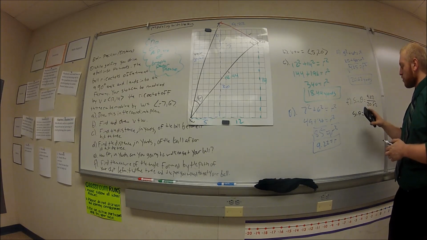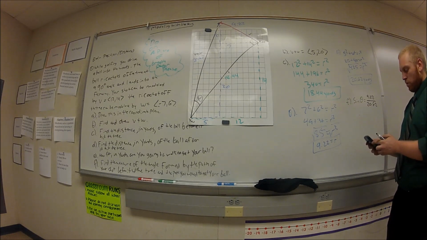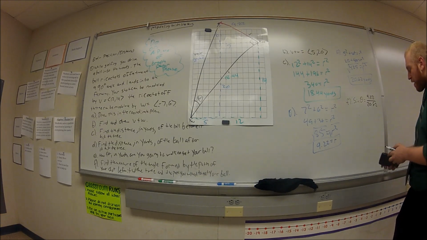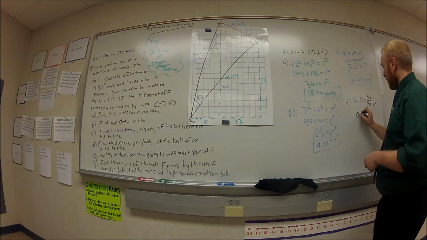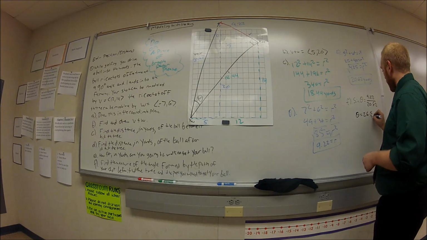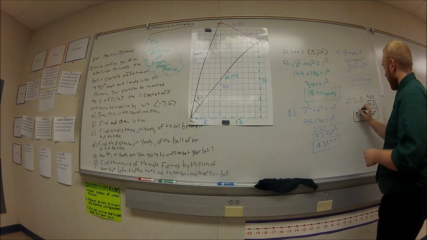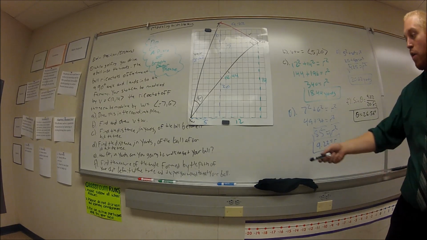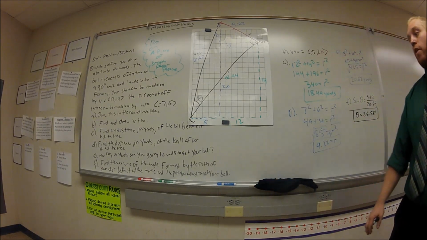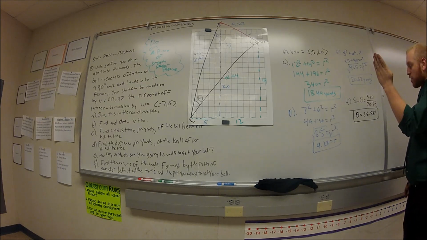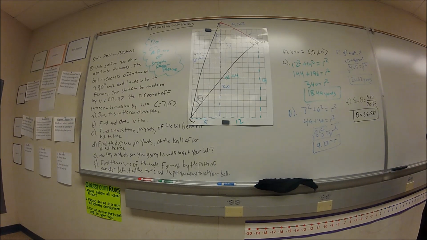Honestly, I'd rather just take the inverse sine of that big old number. And I got 26.56 degrees. Theta equals 26.56 degrees. So to answer that last problem, part F, what angle was formed by the path of your shot and the one you actually had to walk? The 26.56 degrees.